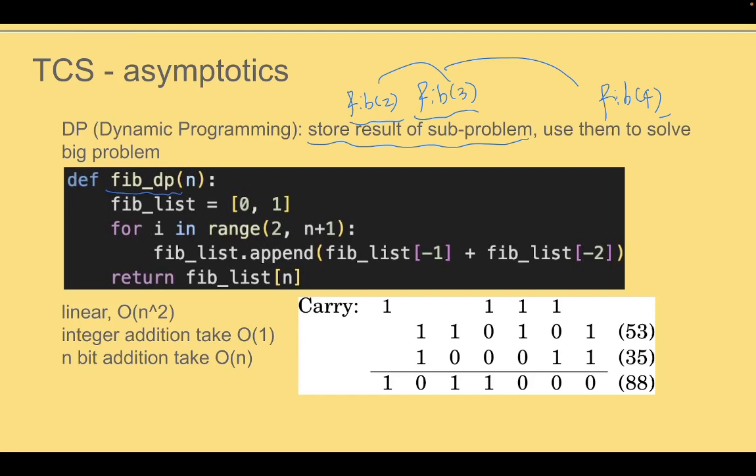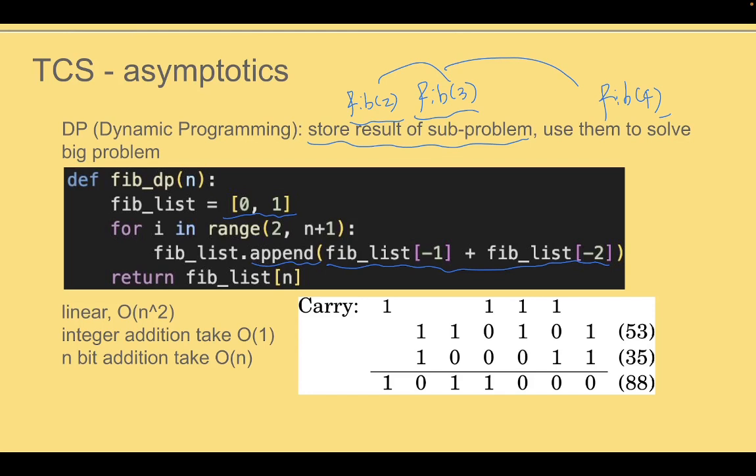This is the fibdp, it's dynamic programming, and we start with a list. It's 0 and 1, and we write a for loop, and the list appends the sum of the last two elements in the list, right?